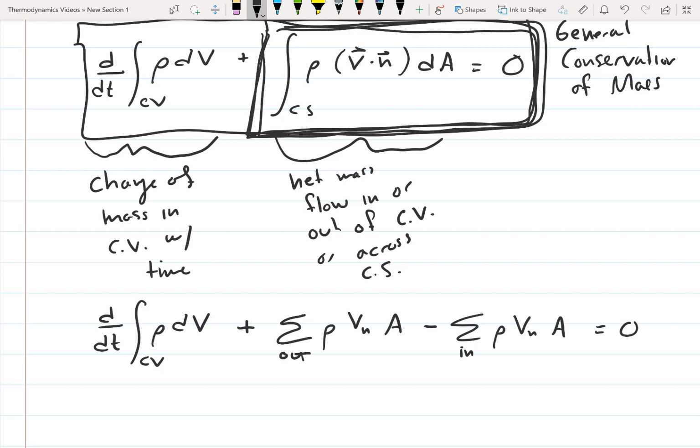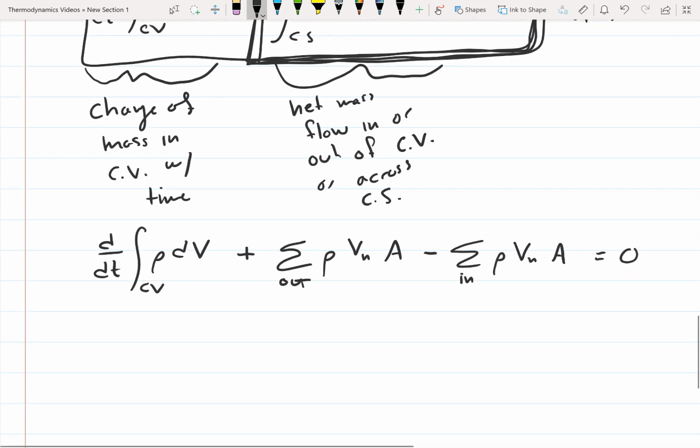So basically these two summations are doing what this integration is doing. This integration is summing up all of the mass flow in or out across the control surface, and these summations are adding up all of the mass flow out minus all of the mass flow in.